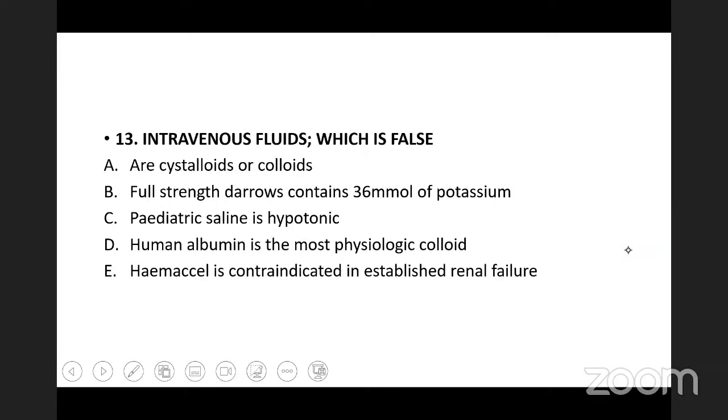Regarding intravenous fluid, which is false? Are they crystalloids or colloids? That is correct. Intravenous fluids are either crystalloids or colloids. Full-strength Darrow's contains 36 millimoles of potassium.